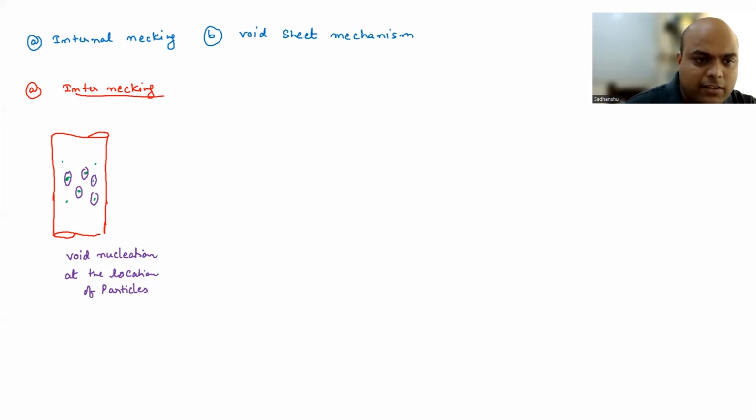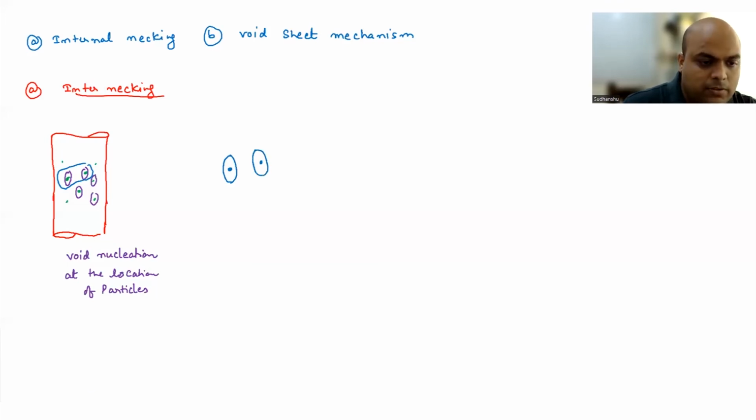So now let me magnify this region here. I am talking about these two particles, and let me magnify these. So I have this particle, and then there is a void. I have another particle, and then there is a void.